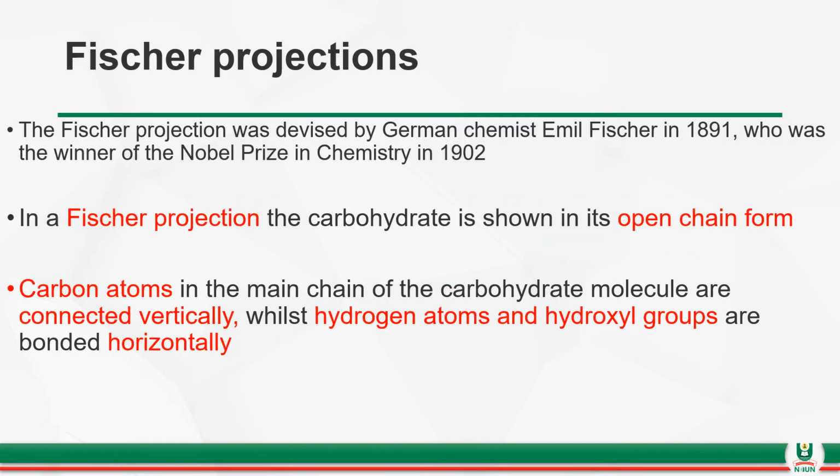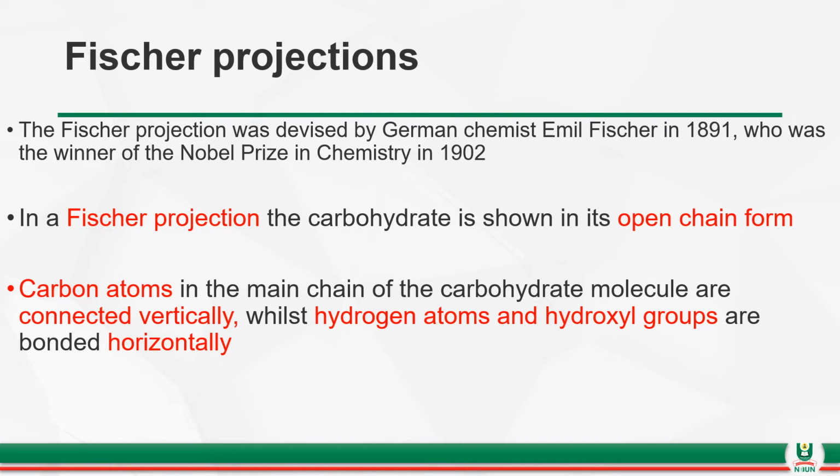So how did we come about the name Fischer projection? This Fischer projection was devised by a German chemist known as Emil Fischer. He did this in 1891, and because of that he won a Nobel Prize in 1902.